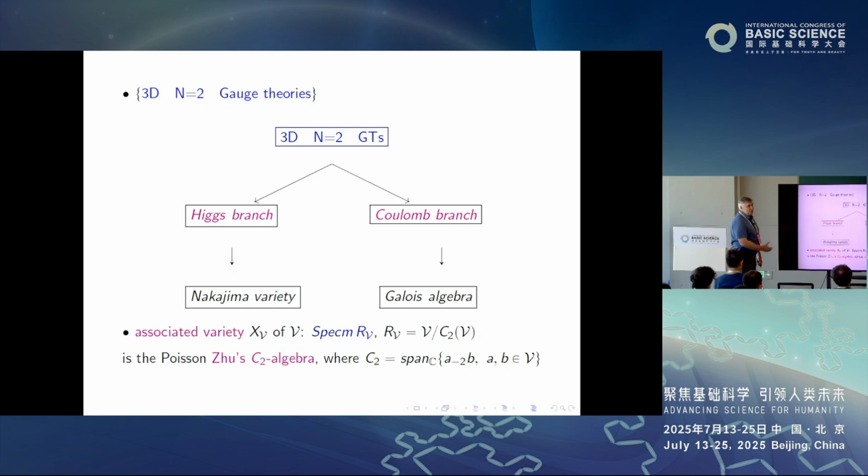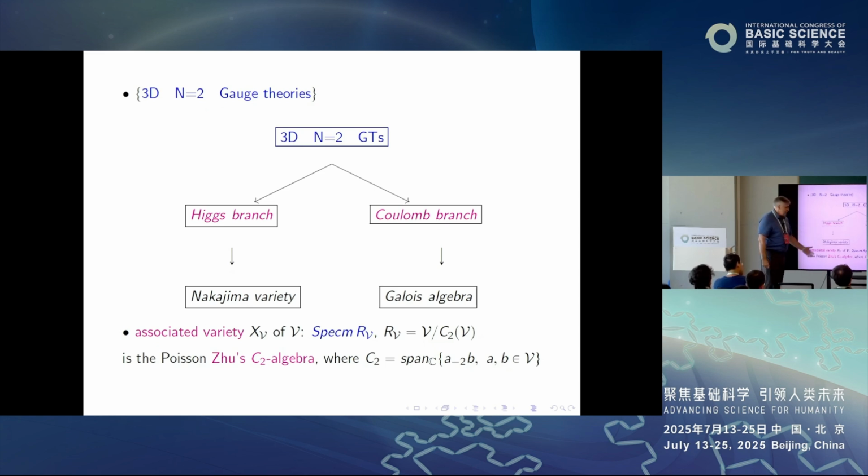Again, we saw this picture yesterday. This is a 3D theory. There are two important pieces of the moduli spaces, Higgs branch and Coulomb branch. The geometric part of this, Tomoyuki described quite in detail.